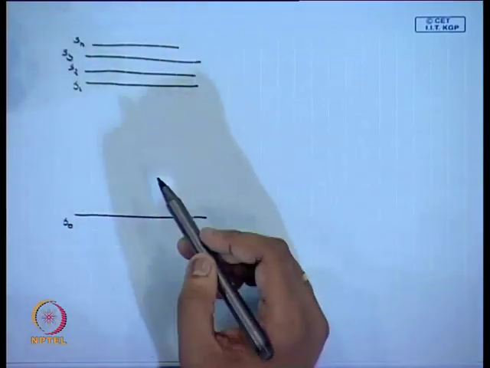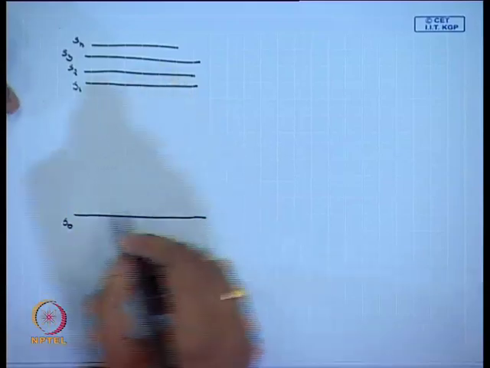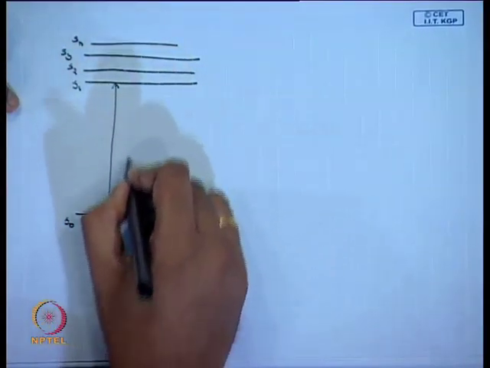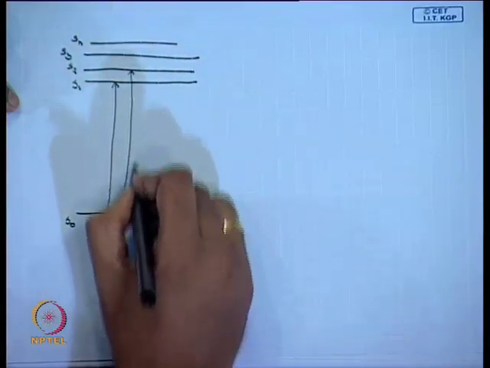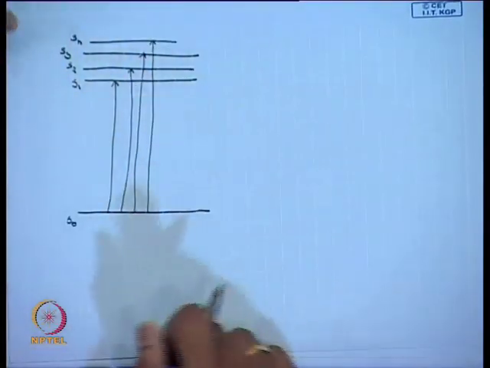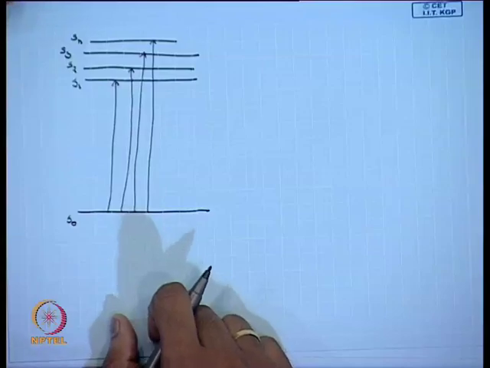We never worry about S2 or S3. I can say it can go S0 to S1, or to S2, to S3, or it can keep on going. That is all allowed, right.